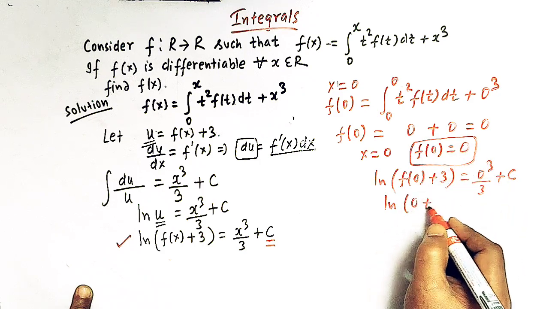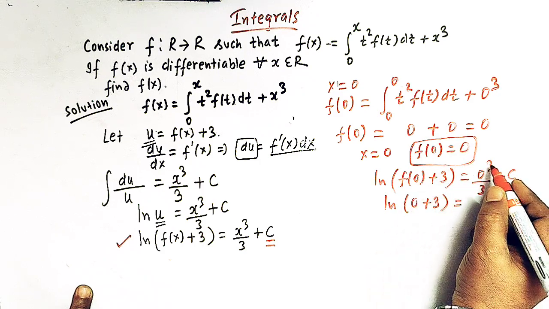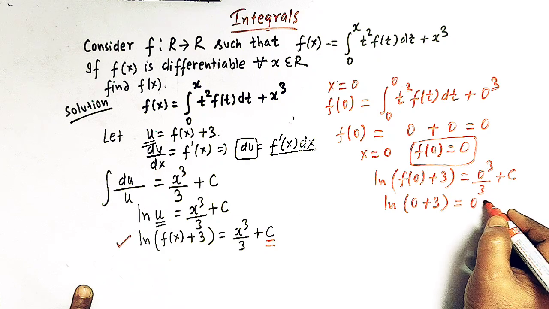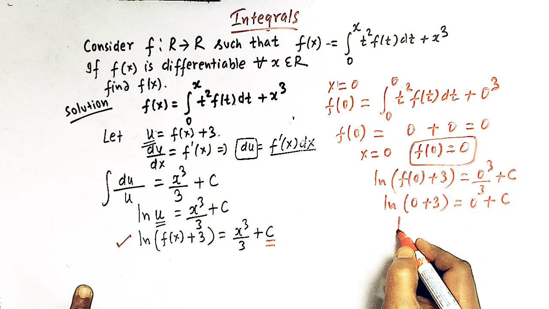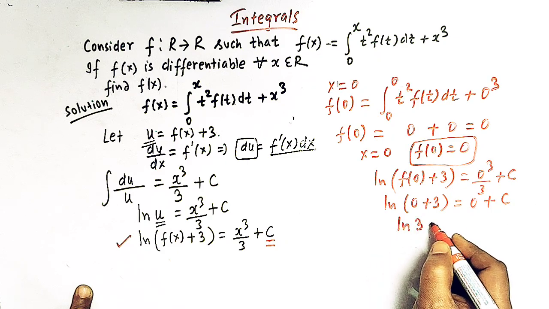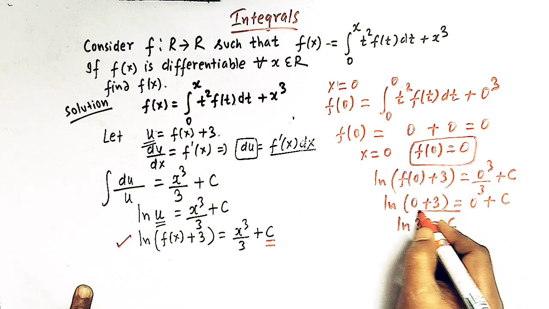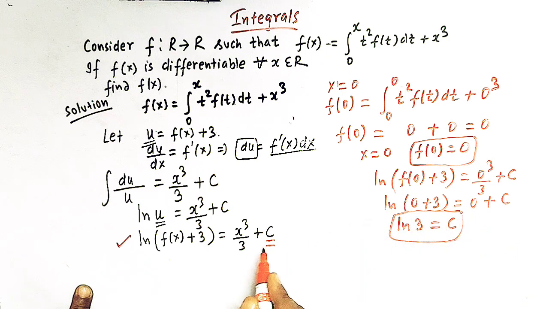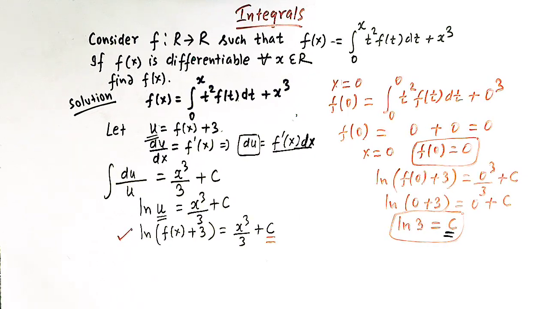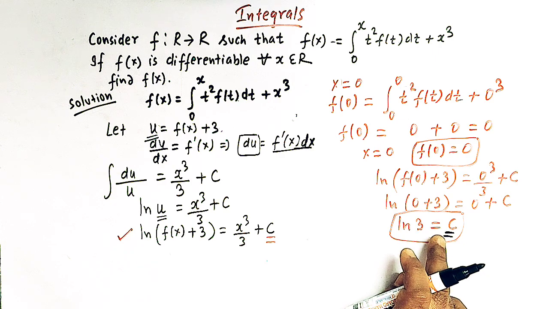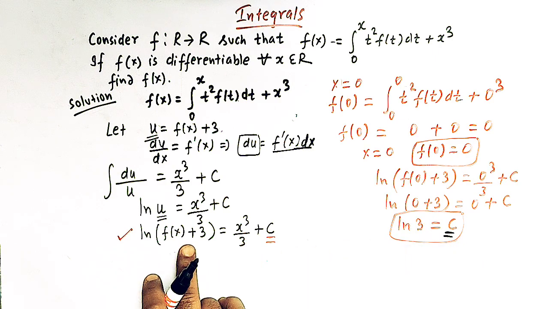So here we have natural log of 0 plus 3, and this term is 0, and here we have c. So natural log of 3 is equal to c. So the value of the constant of integration c is equal to natural log of 3. So now let us substitute this value of c in this equation.